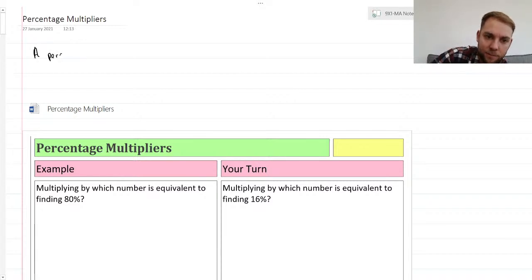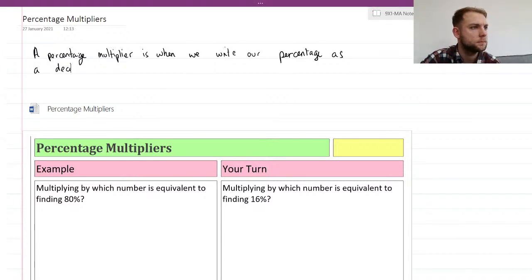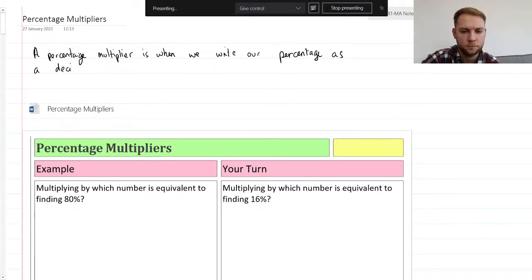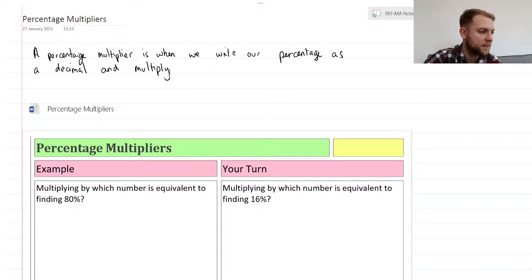A percentage multiplier is when we write our percentage as a decimal and multiply. So get that down.